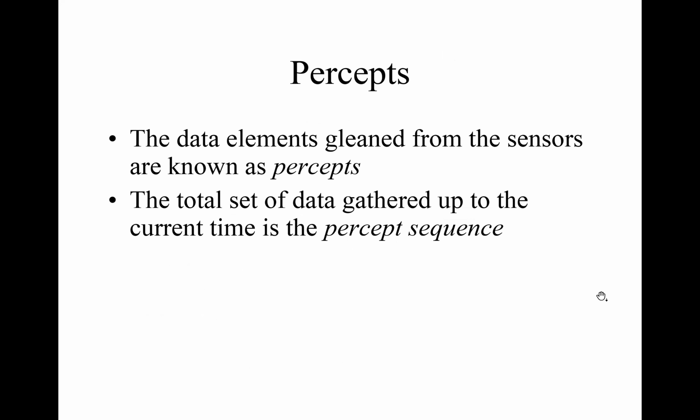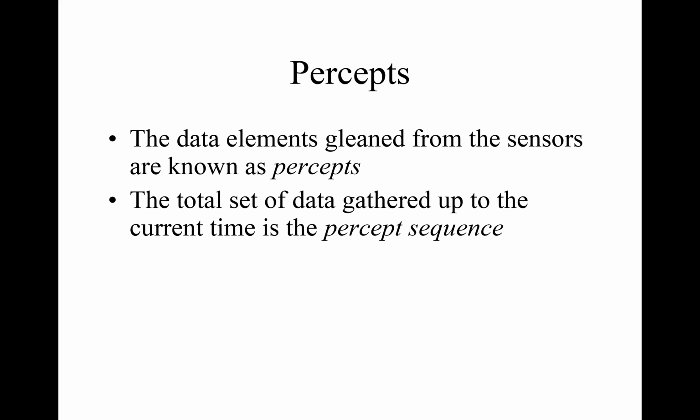All right. So, percepts. That may be a new word for some of you. Perception, you know, right? A percept is supposed to be an atom or a quantum of perception. Those are the data elements that are coming in from the sensors. And therefore it should make sense that the total set of data gathered up to the current time, from when the system was turned on, is known as the percept sequence. This lets you do a kind of logical decomposition in your head.